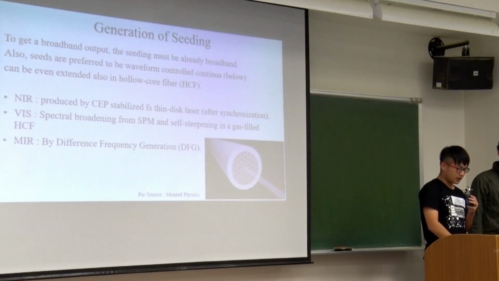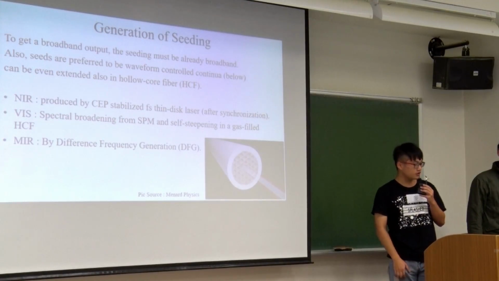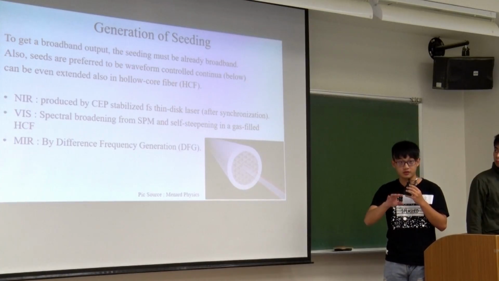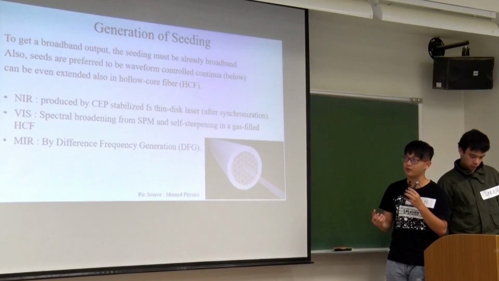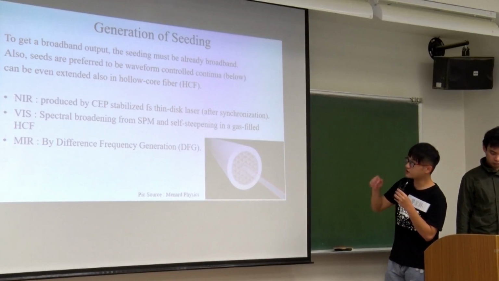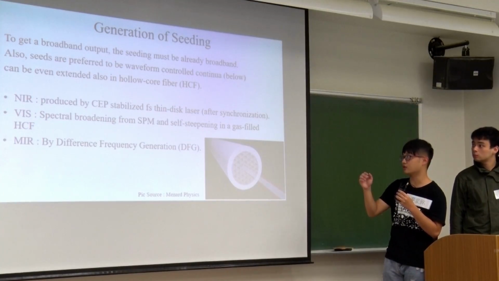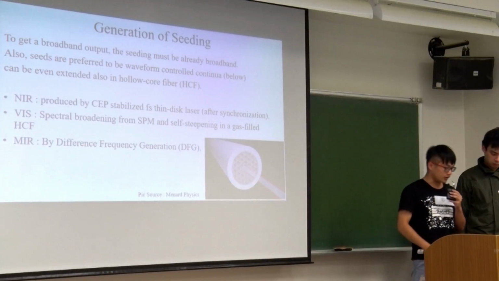Okay, and here is the generation of our seeding, because we want to get a broadband output. So your OPA must be fed a seed that is also broad bandwidth. So we use a fiber called gas-filled hollow core fiber, or HCF, and this is how it works.